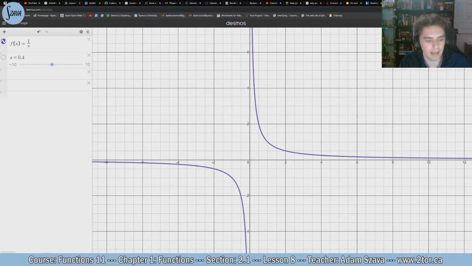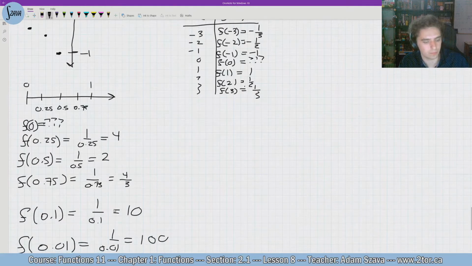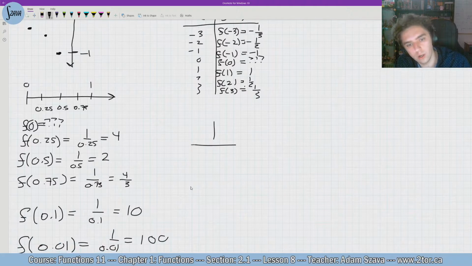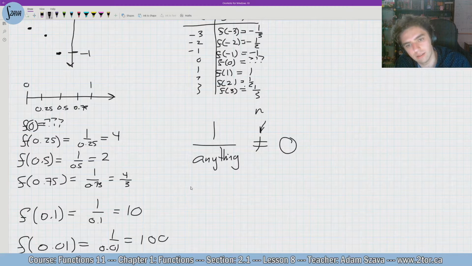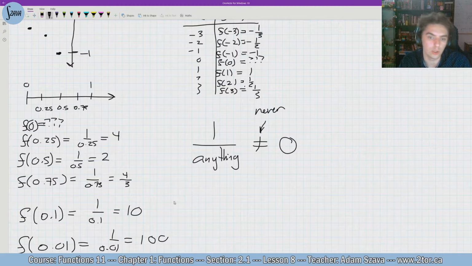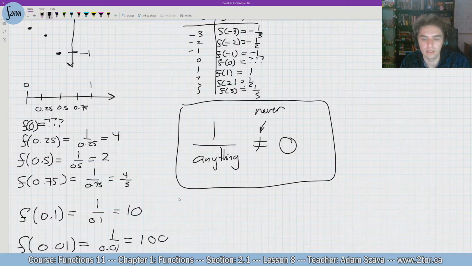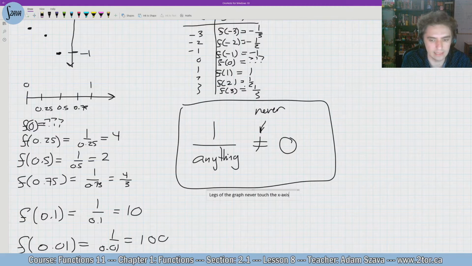But the important fact to remember is that 1 over anything will never equal 0. That's why the legs of the graph never touch the x-axis.